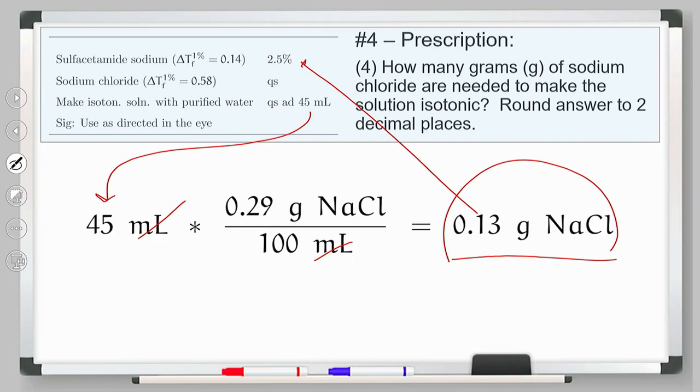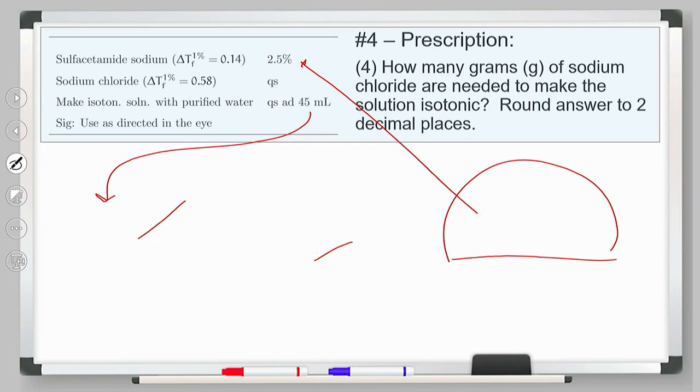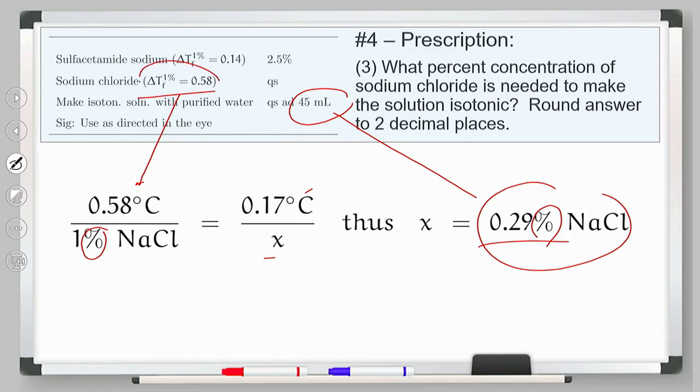Okay? You see where we use this. Again, I'll back up and just say, okay, this is the big part of what we're trying to do here: being able to take the delta TF 1%, set them up as a proportion or as a ratio so that we can solve.